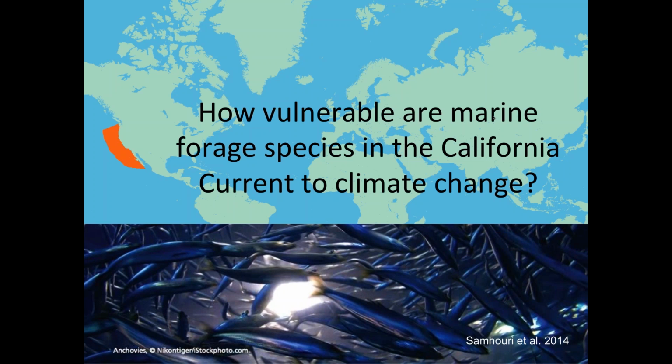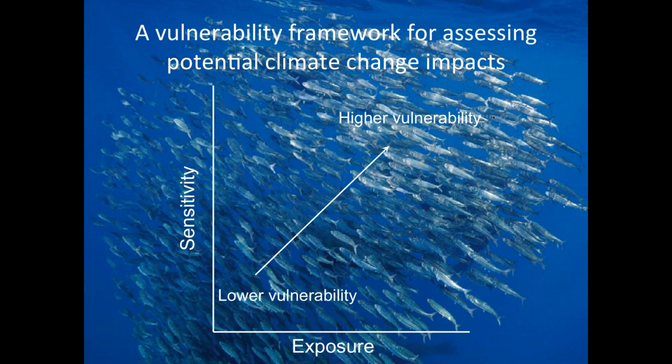So the goal is to arrive at an understanding of the rank vulnerability of different species and stocks to climate change. Again, this will be reminiscent of some of the earlier slides. What we're attempting to do is develop an understanding of the exposure of different species to climate change and the sensitivity of those species should they be exposed.